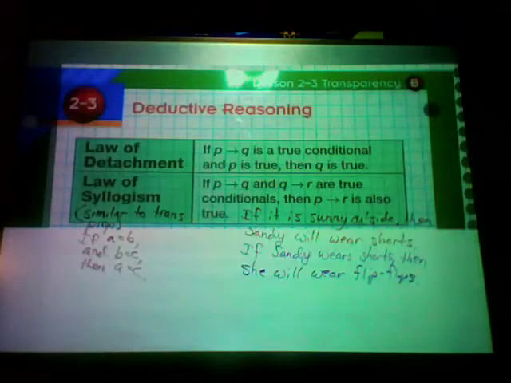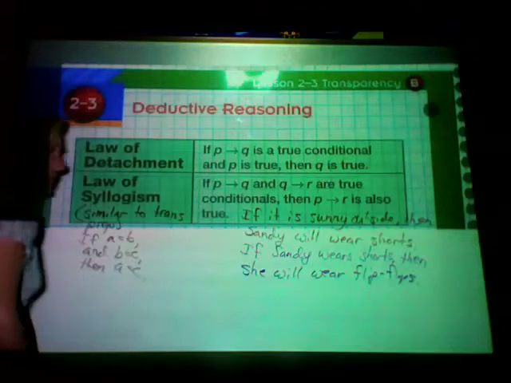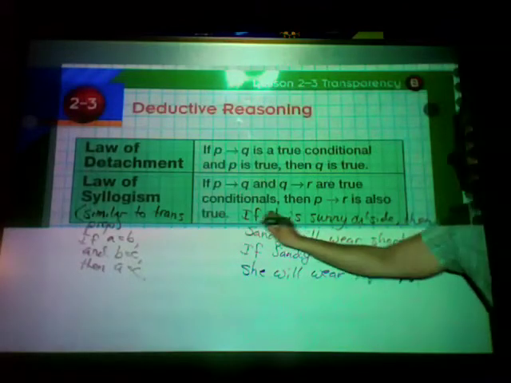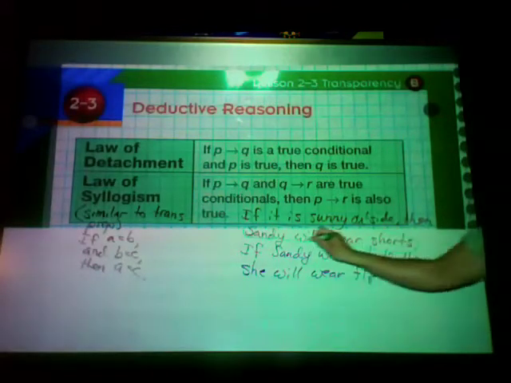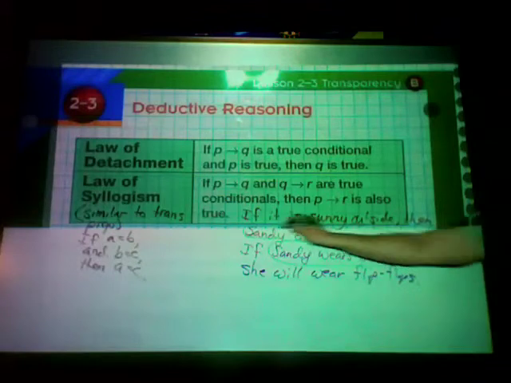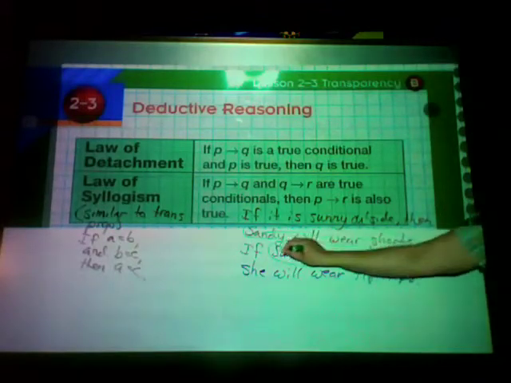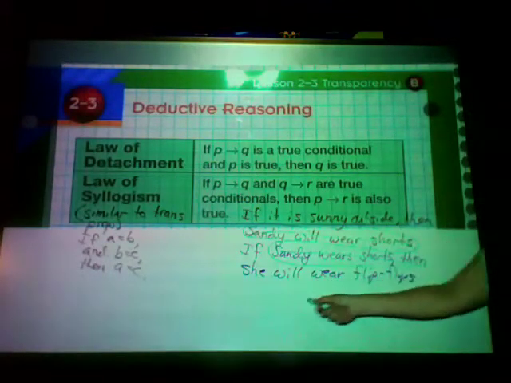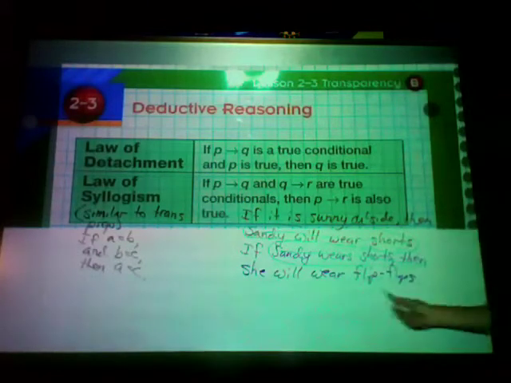So what can you conclude? Notice that these are the same. Sandy will wear shorts. Sandy will wear shorts. Take that out and put the other two, sandwich them together. What are you going to conclude? If it is sunny outside, then Sandy will wear flip-flops.